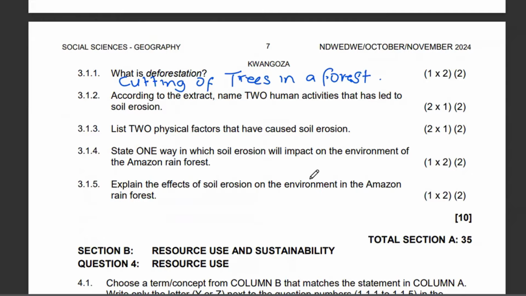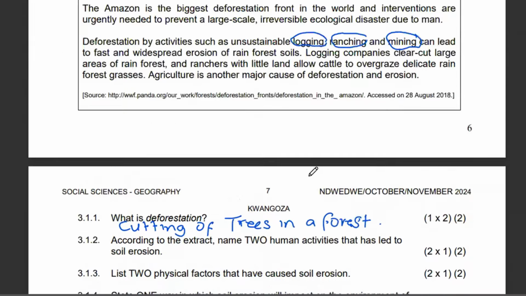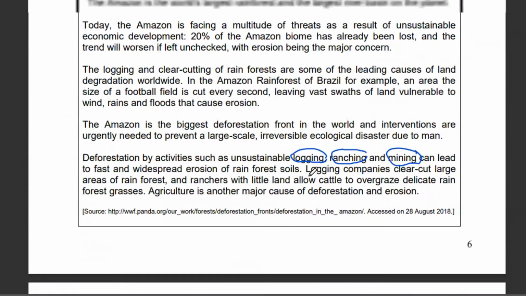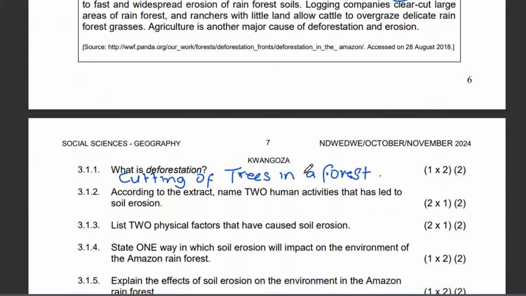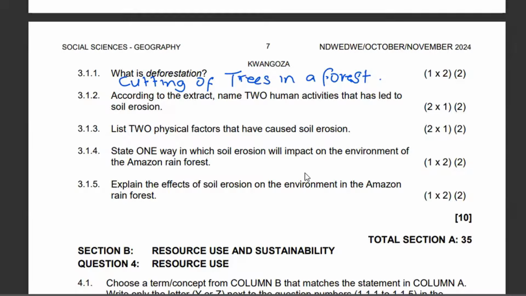List 2 physical factors that have caused soil erosion. You can talk about wind, you talk about floods.